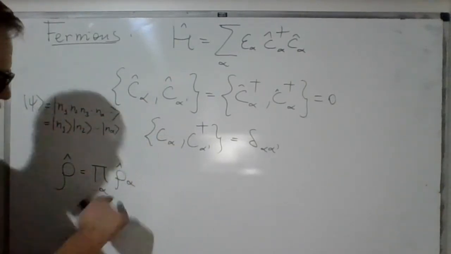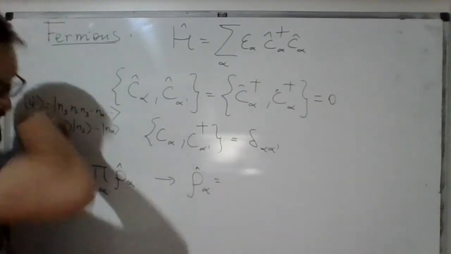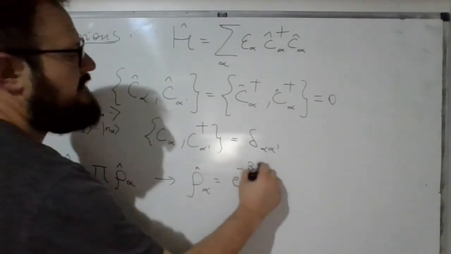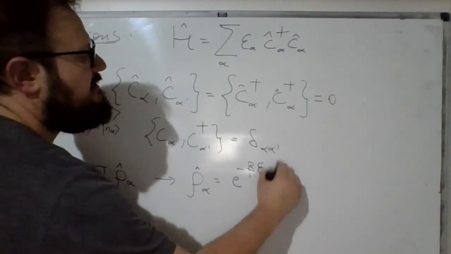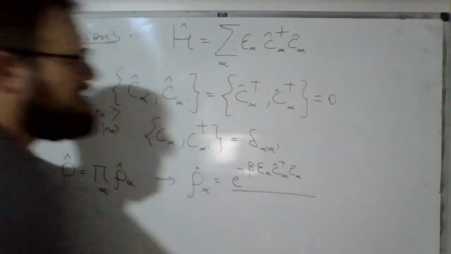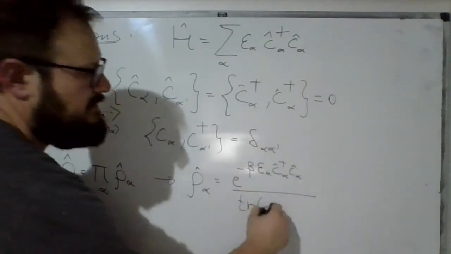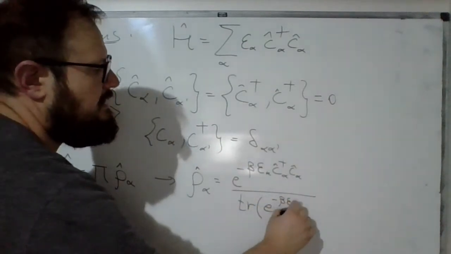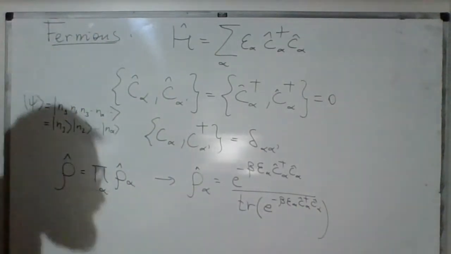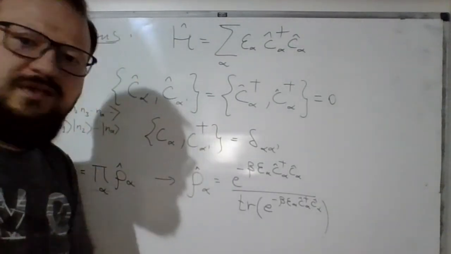And now the rho alpha for a given state alpha corresponds to the exponential of minus beta times the energy of that state times the number operator, divided by the partition function here, which is the trace of this object here, e to the minus beta E alpha, c dagger alpha, c alpha. So this is for fermions. It looks the same as for bosons.